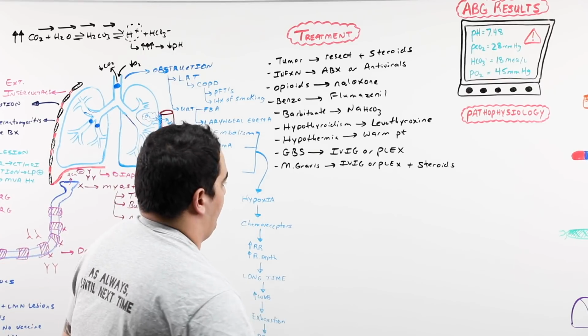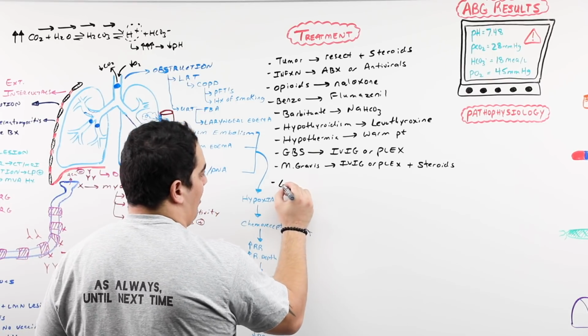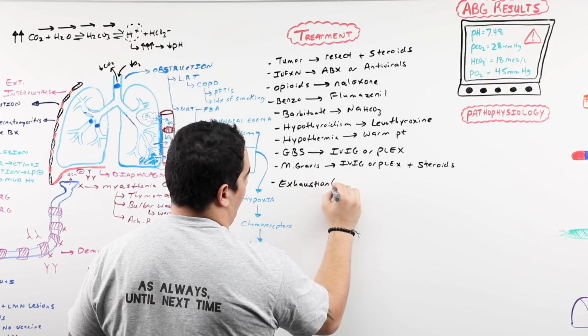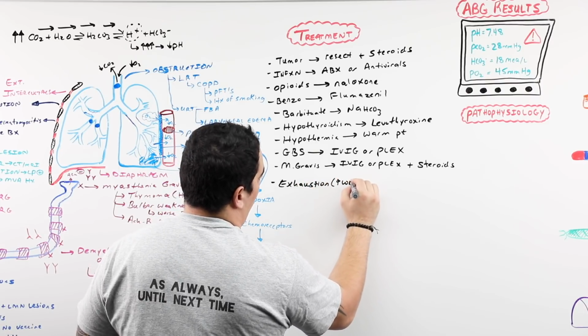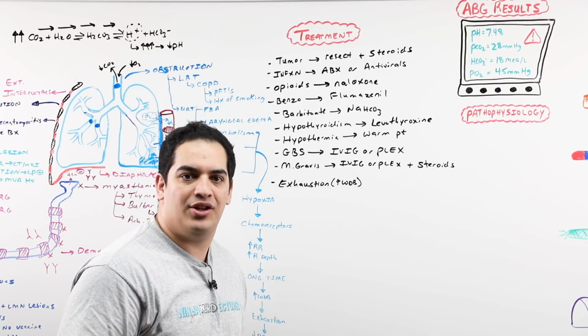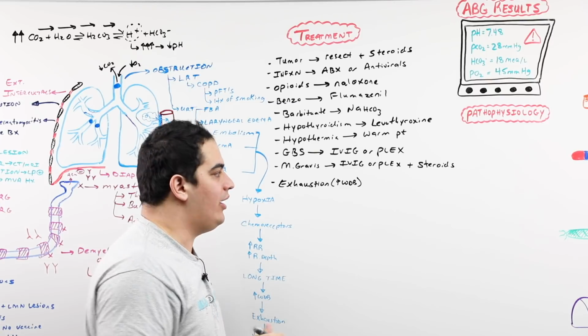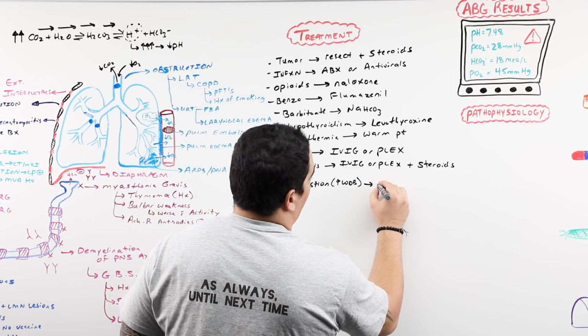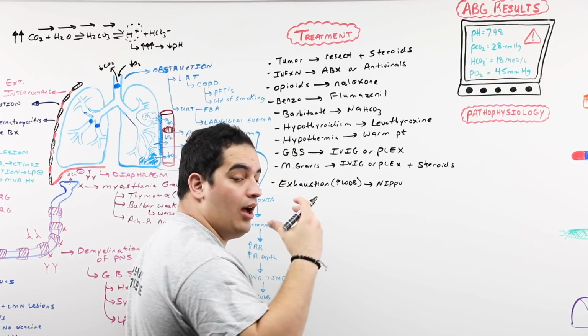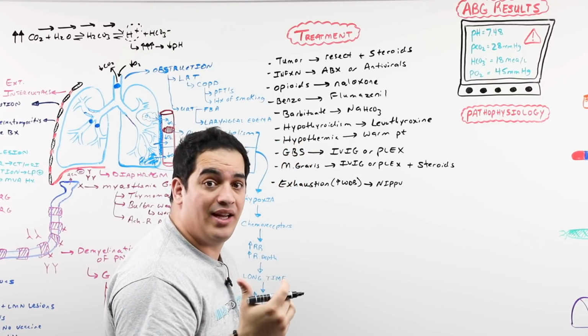What about exhaustion? Okay, so if someone does have exhaustion or they have increased work of breathing, what you'll probably do is you can try your best to not have to intubate the patient and put them on a mechanical ventilator. And so you can try things like non-invasive positive pressure ventilation, so things like BiPAP, things like high flow nasal cannulas.